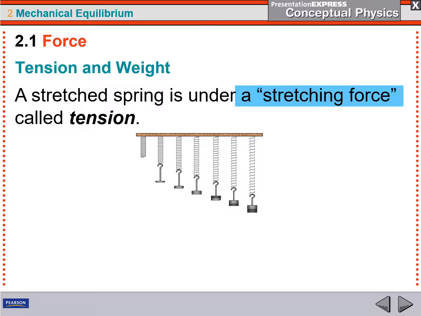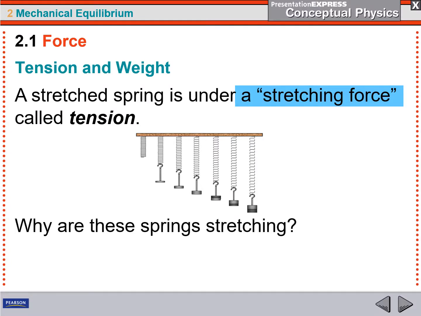Here's a picture of several springs with different objects hanging on them. We say that the springs have a tension force, or we will just call it tension. So tension is a stretching force. Now, why are the springs stretching?